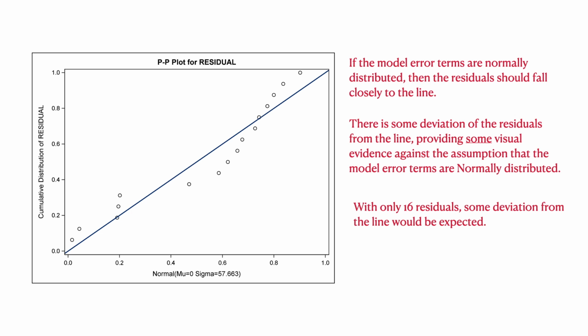This is because we are essentially comparing the empirical distribution of the residuals to the corresponding normal distribution with the same mean and variance as the residuals. And with only 16 observations in that residual data set, the empirical distribution is going to be fairly choppy. And so that's why we would expect to see points not fall perfectly on this line. And so in my view, this plot really does not provide strong evidence against the normality assumption.